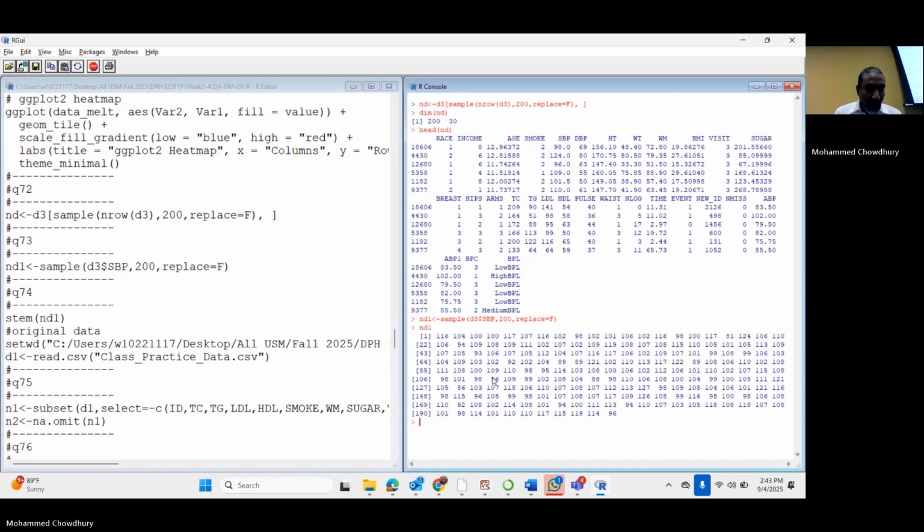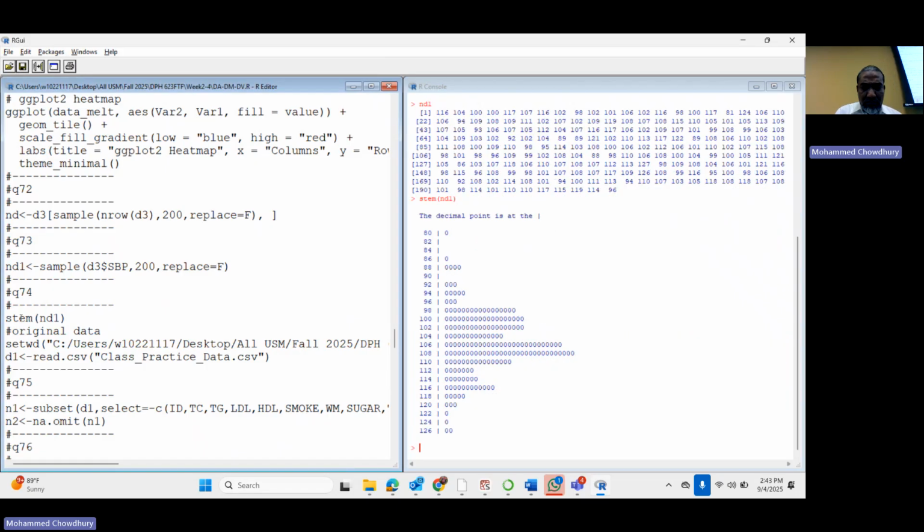Okay, now after taking this, if you want to construct a stem and leaf plot, what does a stem leaf plot mean? The decimal points would be here and the stem, the non-decimal integer values, would be there. So these are the places they are considering here: 80, 82, 84, 100.